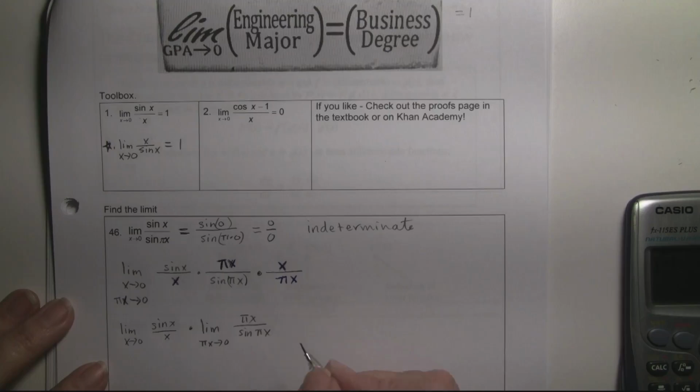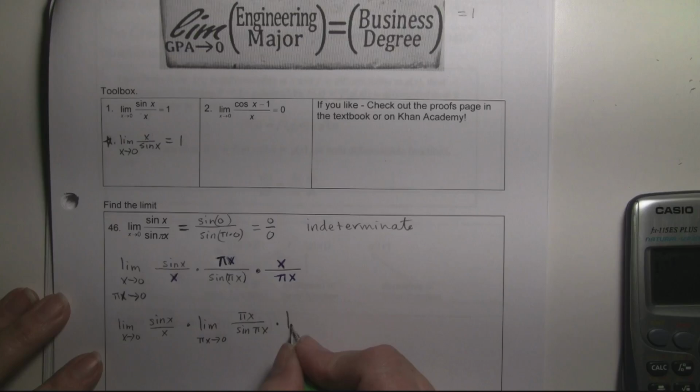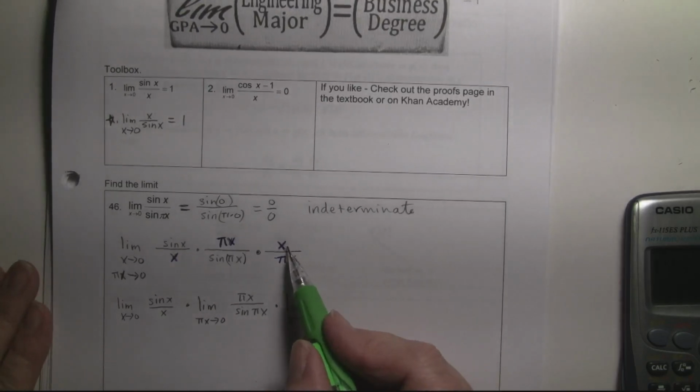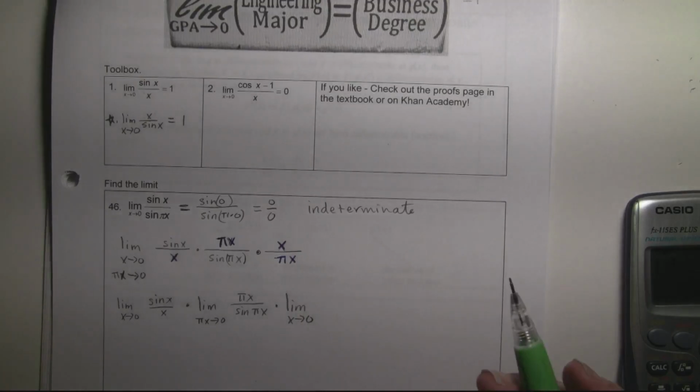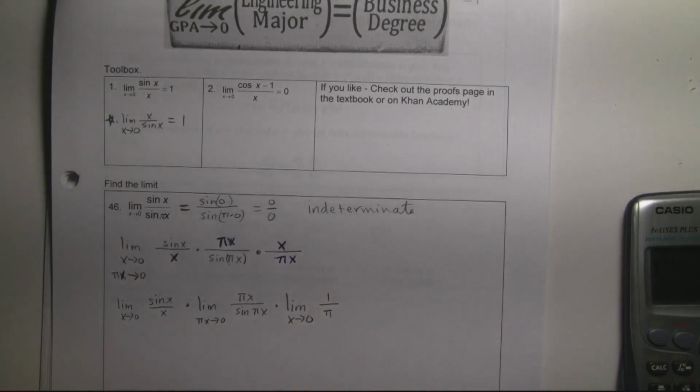Those have to match. I made a match. Times the limit as x goes to 0 of x divided by pi x, but do you agree with me that x over x makes 1? And so this is really 1 over pi. Is that okay? Because the x is canceled out.